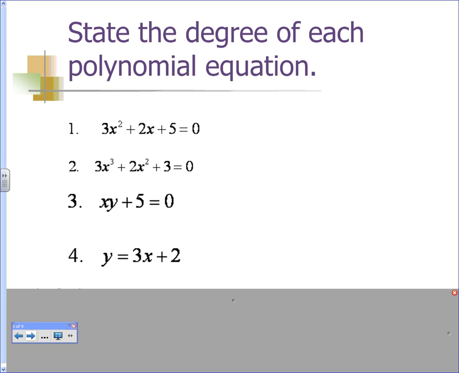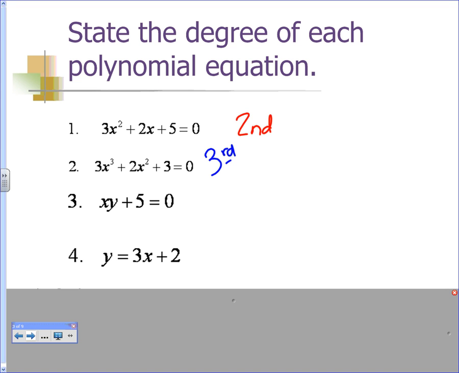Do you agree with second degree? Yeah, the highest variable.